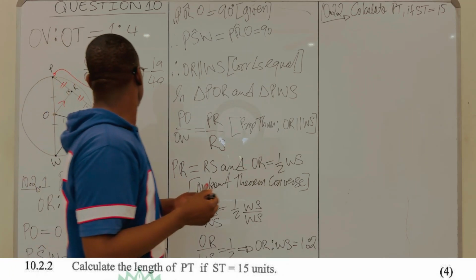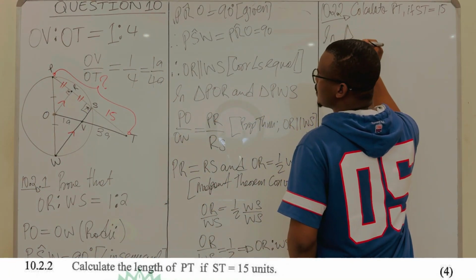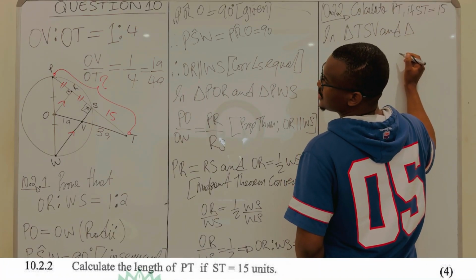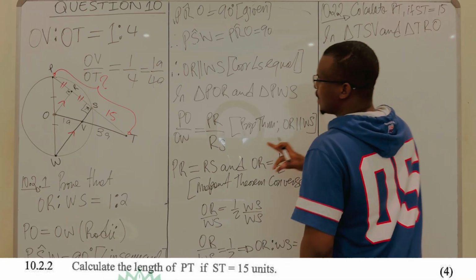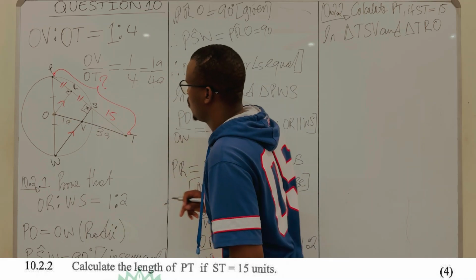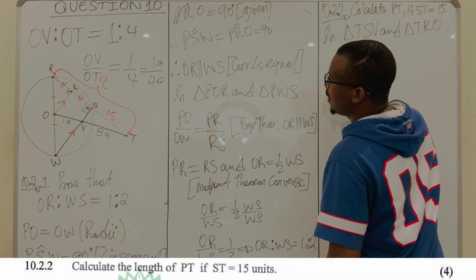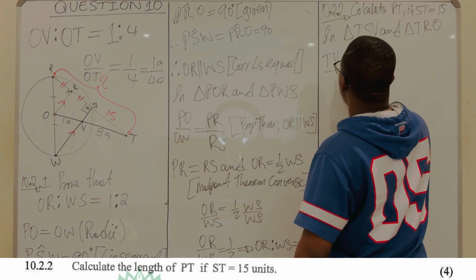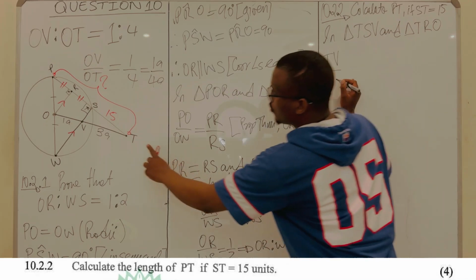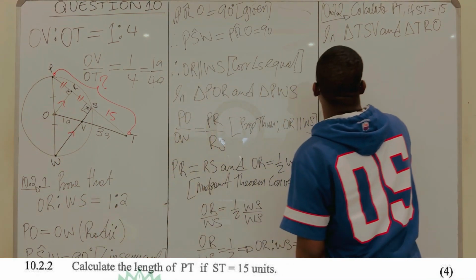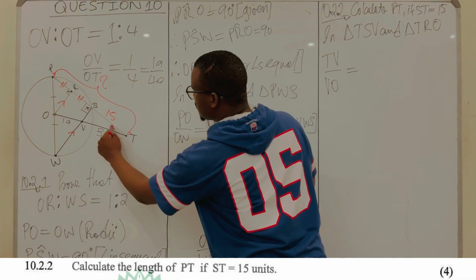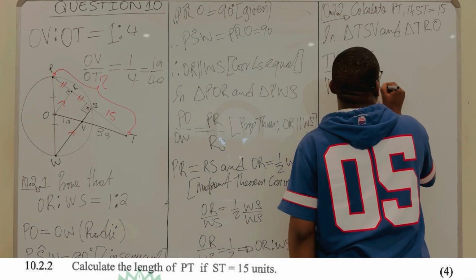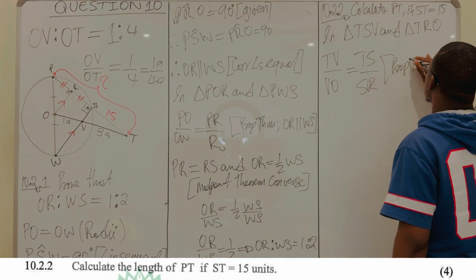So what you can say, in triangle TSV and triangle TRO, is that your TV over your VO should be the same as your TS over your SR. This is the proportionality theorem, which we should just prove in the first question.